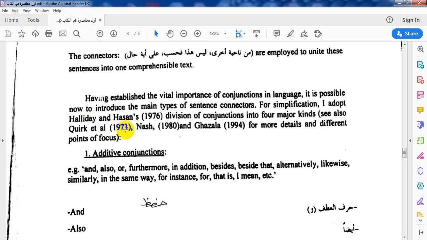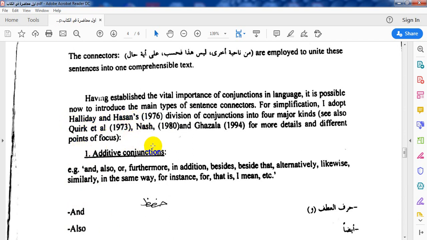Its name is Cohesion in English. In addition to other authors, so this classification is based on those authors, and mainly Halliday and Hassan.